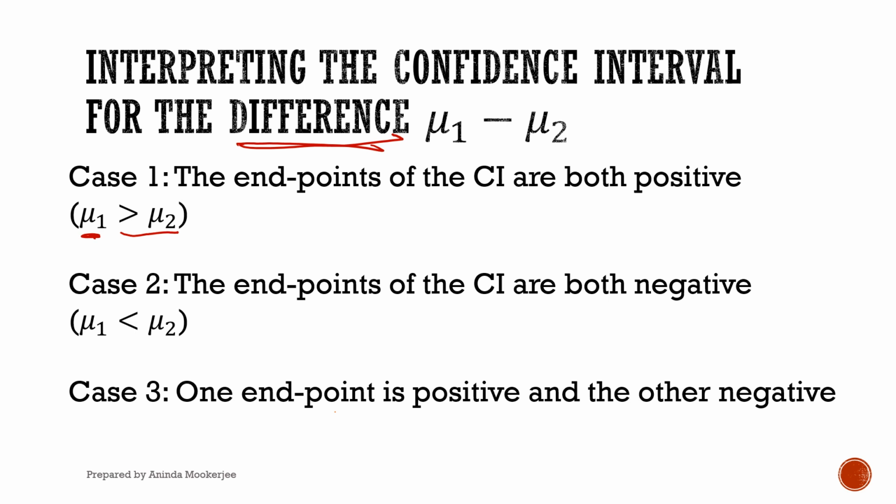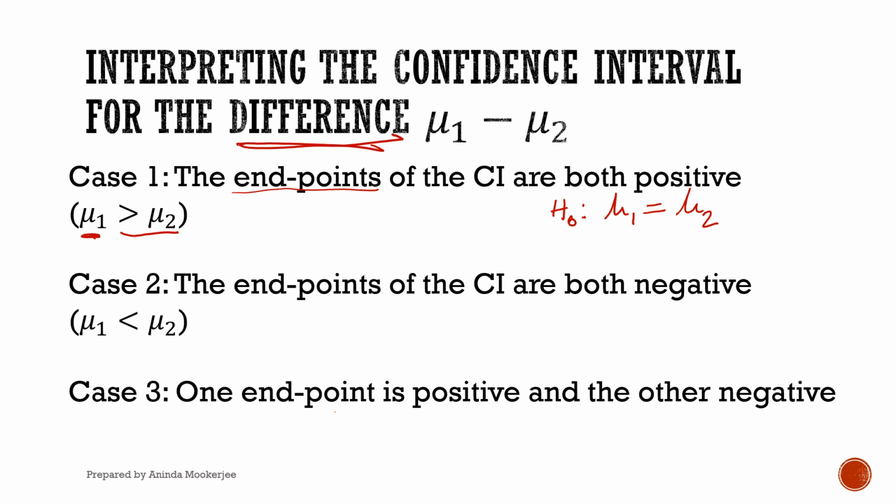Now, keep in mind that there's a relation between the hypothesis test results and the confidence intervals that we find. The null hypothesis in our tests says mu sub 1 is equal to mu sub 2. Now, if the confidence interval has both positive values as its endpoints, that means mu sub 1 is greater than mu sub 2.